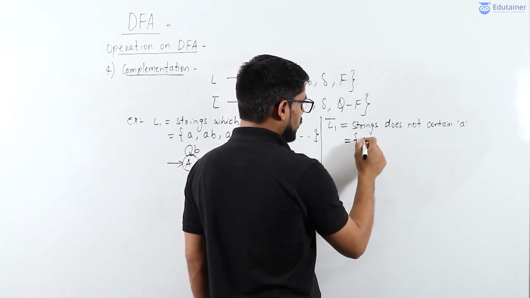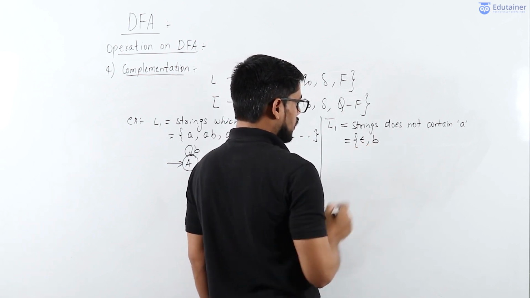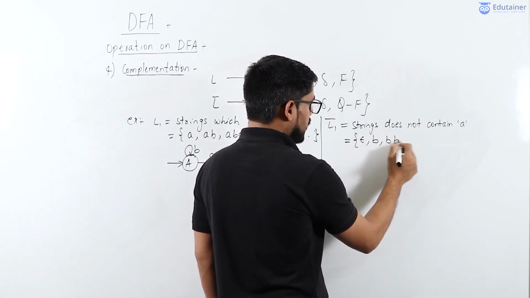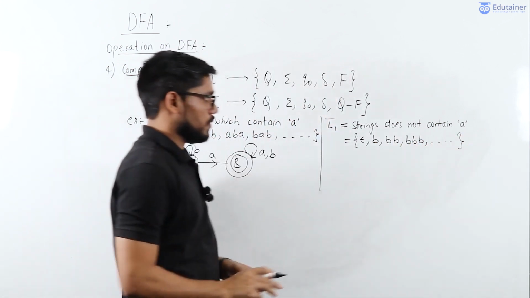The possible strings will be epsilon because it does not contain A, small b, it does not contain A, then B, triple B and so on.